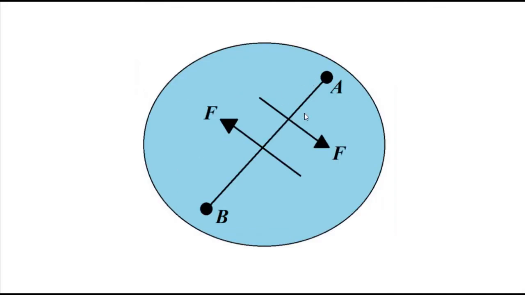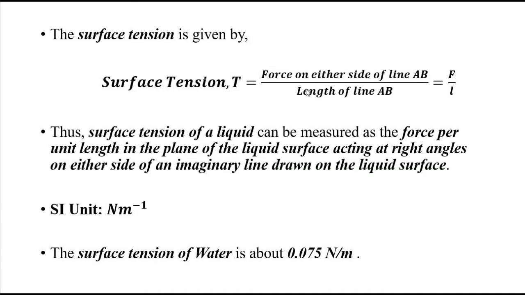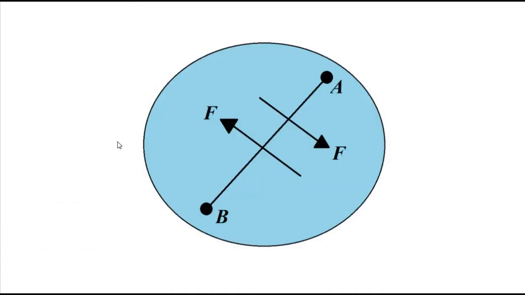And we discussed the measurement of surface tension by considering the top surface of the liquid placed in a container, picking 2 points A and B, joining them by a straight line AB of length L. The cohesive force between the liquid molecules acting on either side of the line AB is equal in magnitude, opposite in direction, given as F. Surface tension is the force acting per unit length of this line AB.